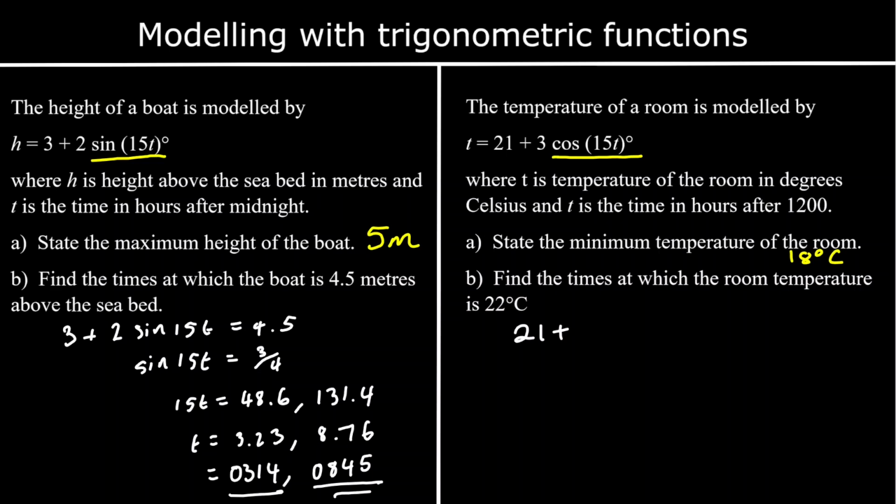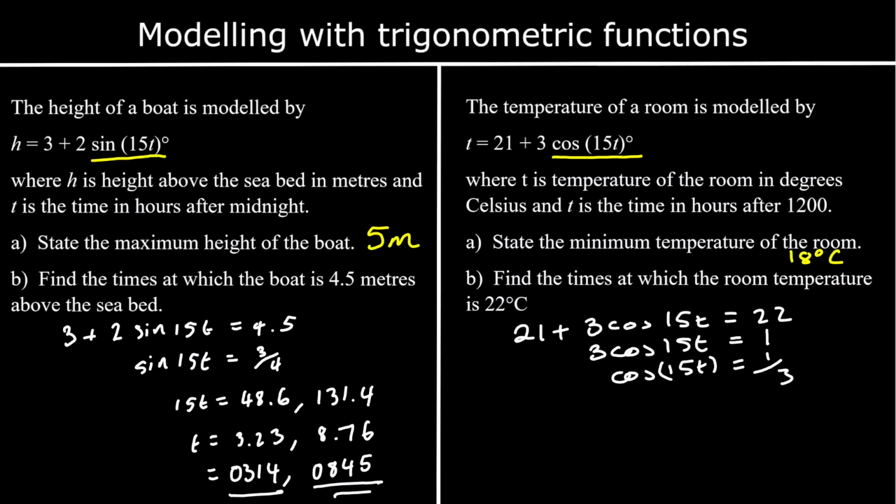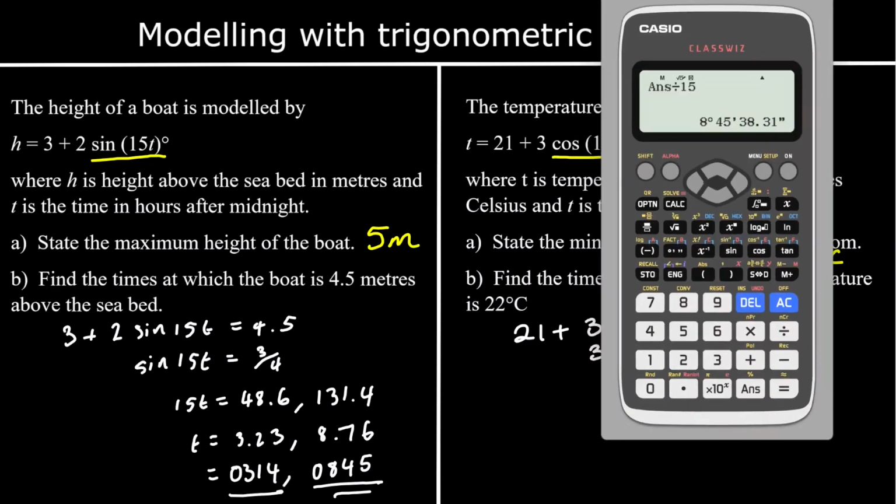So 21 plus 3 cos 15t is going to be equal to 22. So take away 21 and divide by 3. So cos 15t is a third. Shift cos the third.